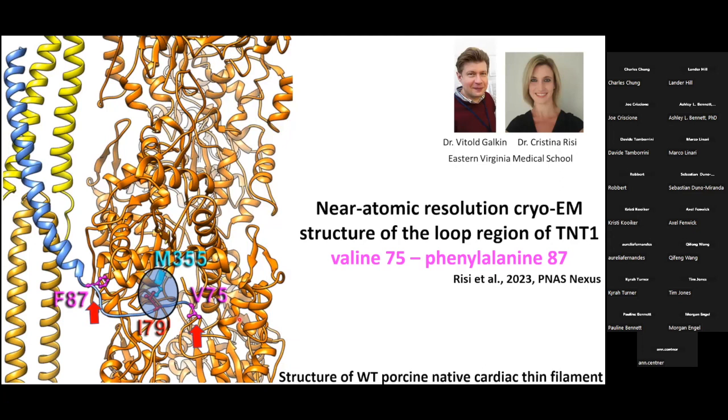So we can see the location of 13 amino acids going from valine 75 until phenylalanine 87. And I would like to point out that with this improved structure, we observe the isoleucine 79 making a hydrophobic interaction with methionine 355 present in the actin backbone.